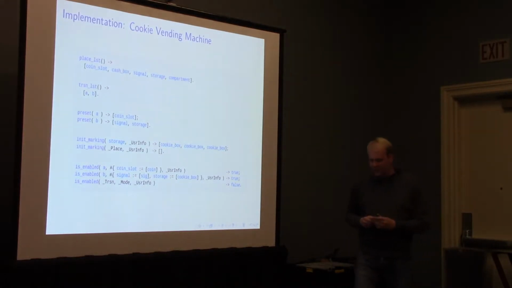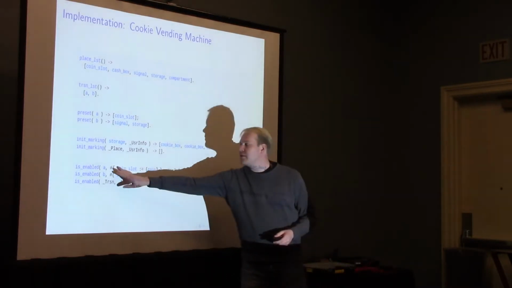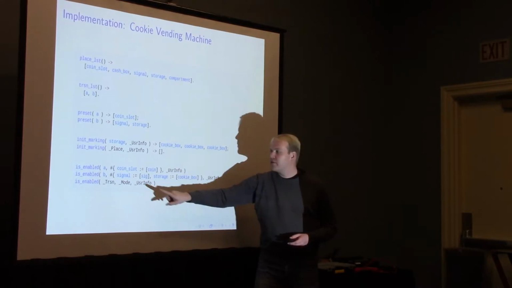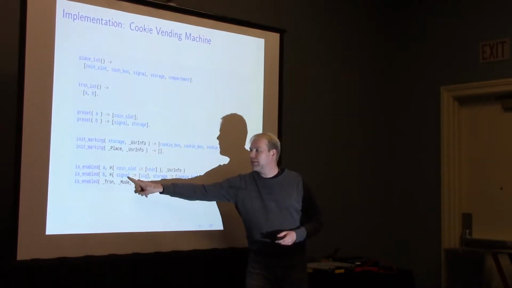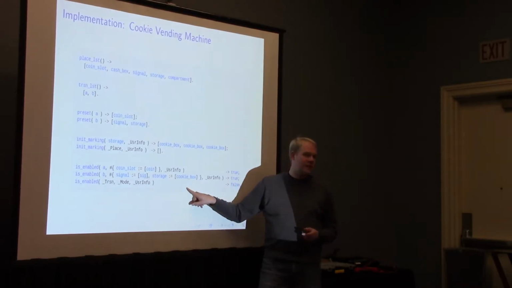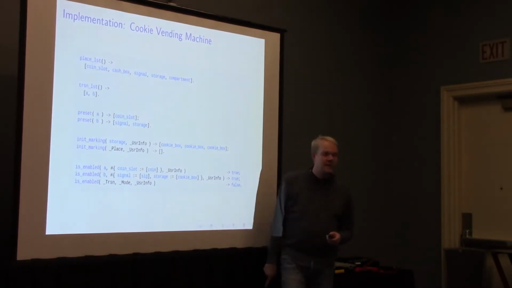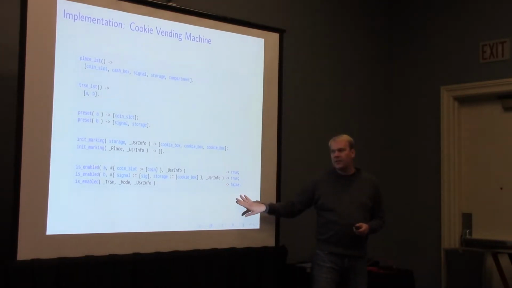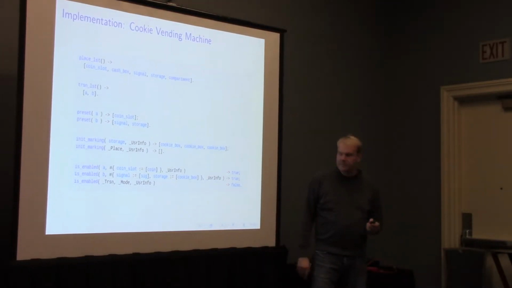So the transition A is enabled when in the coin slot there exists a coin. And the transition B is enabled when on the signal place there is a signal token, and in the storage there is at least 1 cookie box. And in all other cases, no transition is enabled.